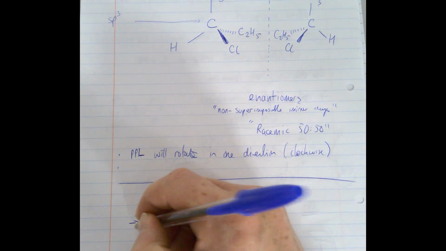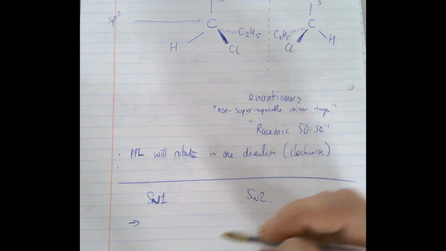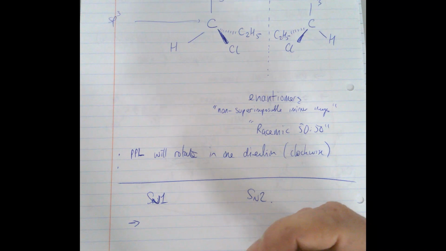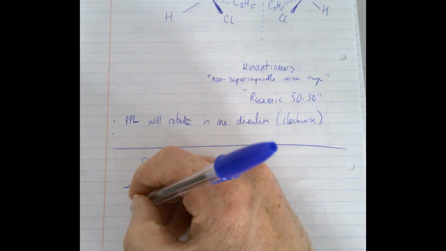I'm not going to go through all that yet again in this video, but SN1 reactions do end up with scrambling of a chiral center, because the reaction goes via a flat planar sp2 hybridized carbocation intermediate. What you end up with is a 50-50 racemic mixture of products.